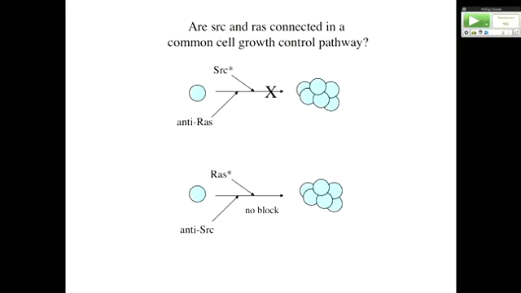This type of analysis is used today as well, activating, inhibiting mutations or biochemical analyses where you activate at one site, inhibit at another site, and determine whether components are part of a common pathway and the ordering of those components.